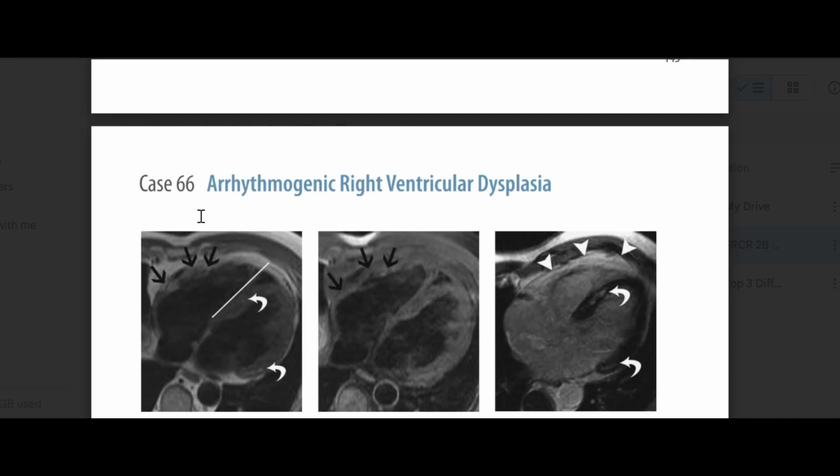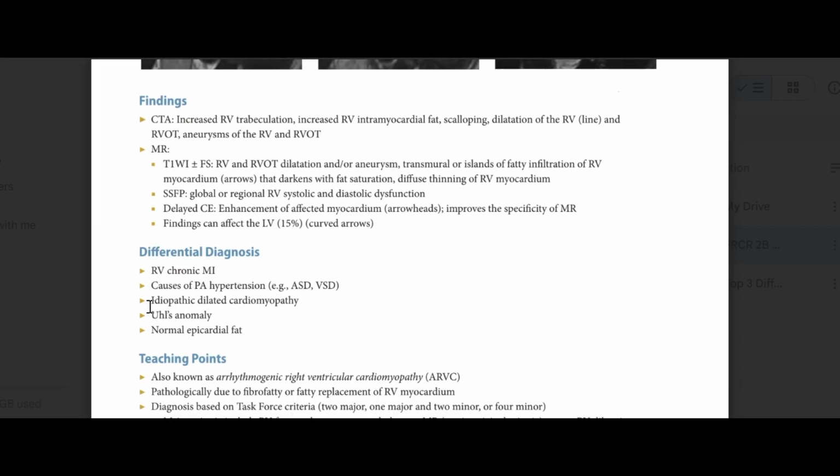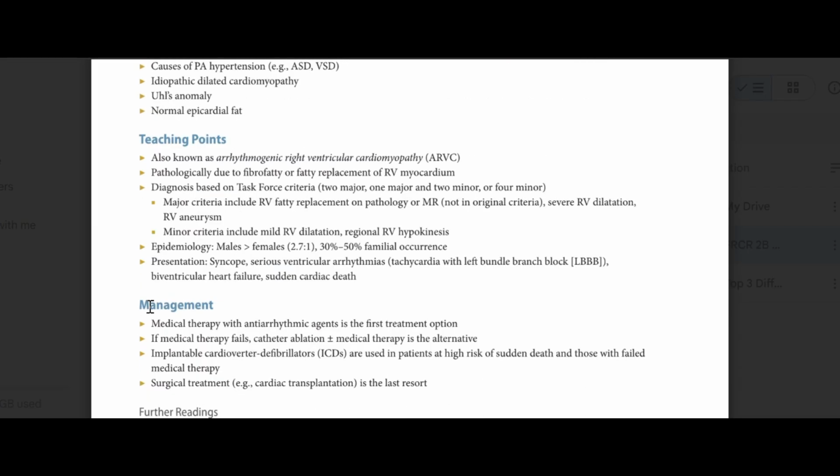So this is arrhythmogenic ventricular dysplasia of right and left. Also known as arrhythmogenic right ventricular cardiomyopathy, pathologically due to fibrofatty or fatty replacement of the right ventricular myocardium.